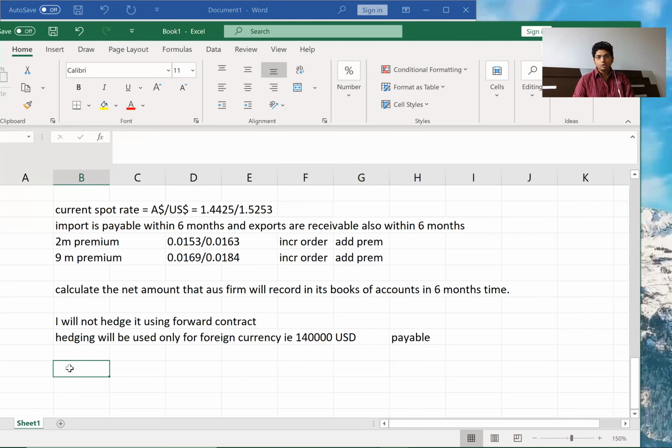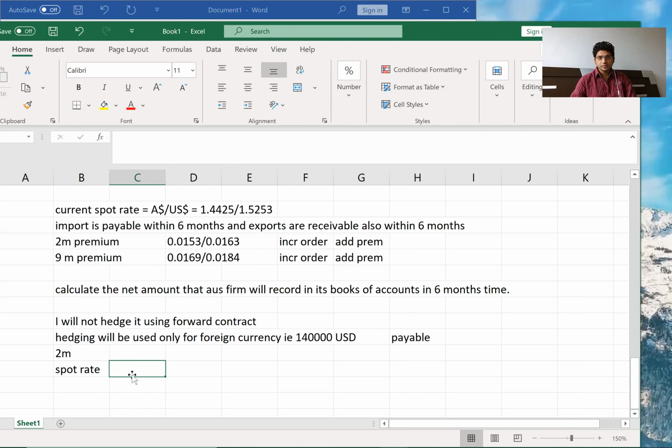So now I'll get the 2-month and 9-month rates. Let us calculate the 2-month forward rate.